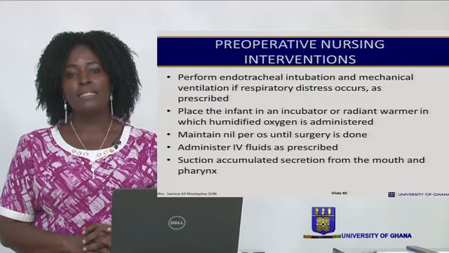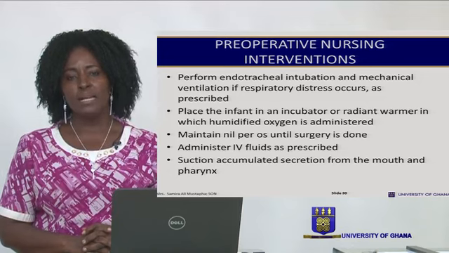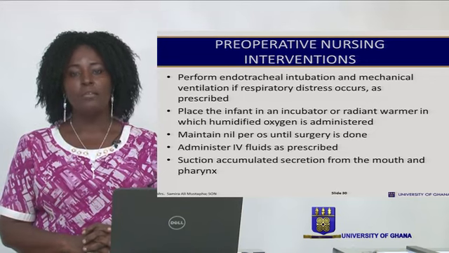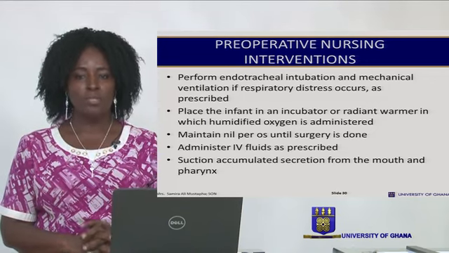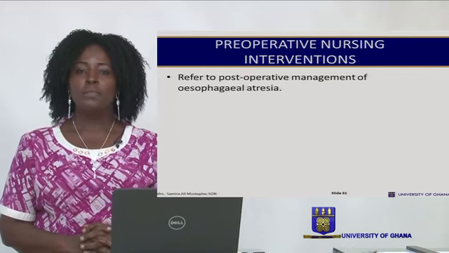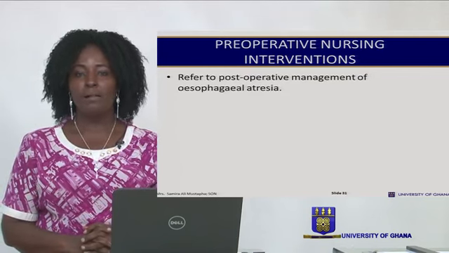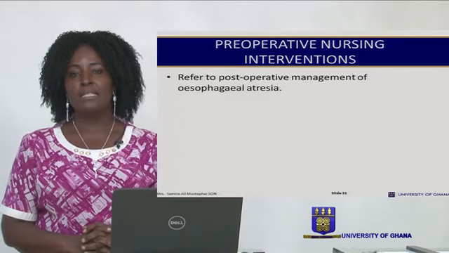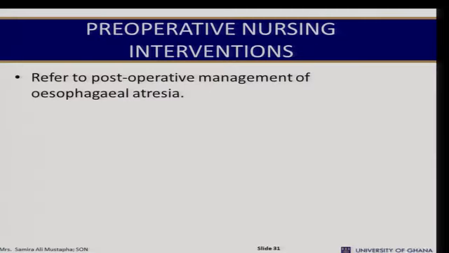Also maintain nil per os until surgery is done, administer IV fluids as prescribed, and suction any secretions. So there is a need for further referral to an appropriate facility that is well equipped with staff to take care of the interventions.